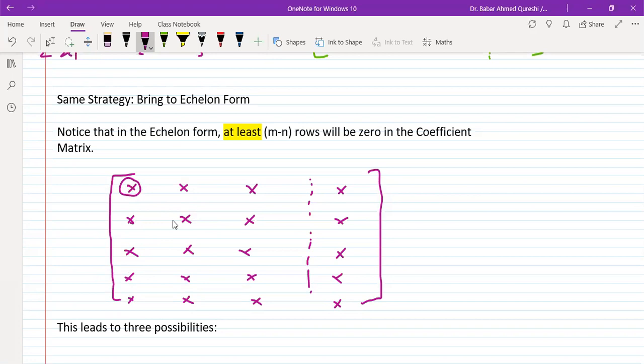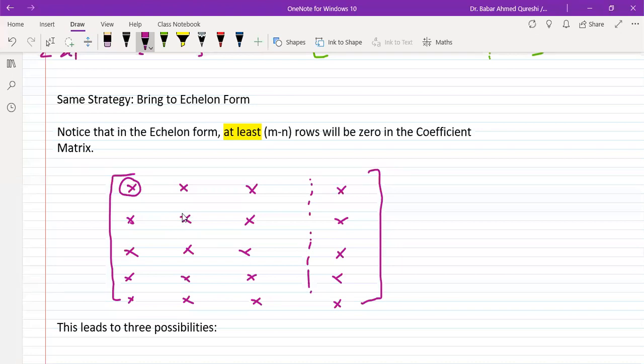So what's the lead variable? The first non-zero variable. Let's not call it a variable. We call it variable when it's in the equation. The leading non-zero number in a particular row, what it would be, the first non-zero number after a bunch of zeros. So each row will start with some zeros, and then you will encounter a non-zero number.